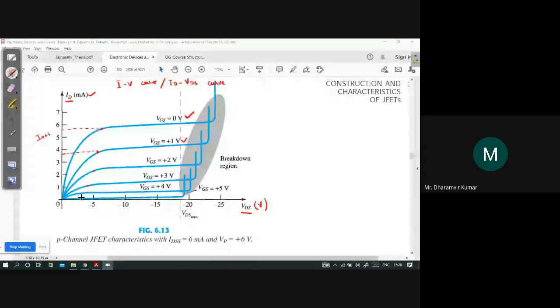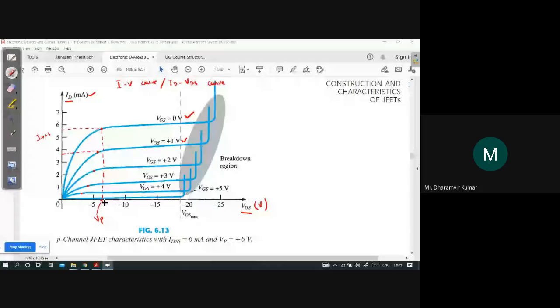And it goes to pinch off. This point, when VGS was 0, is the value for pinch off voltage. This would come at around minus 6.5 or something like that for this case.